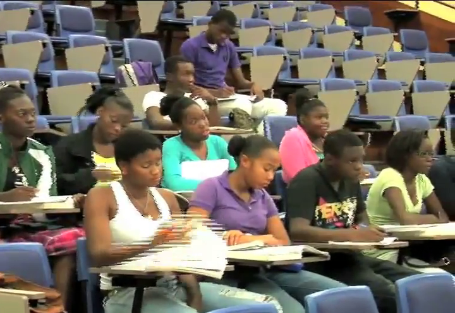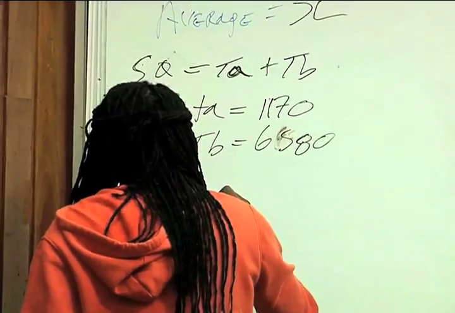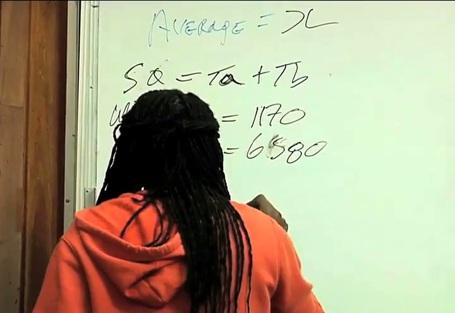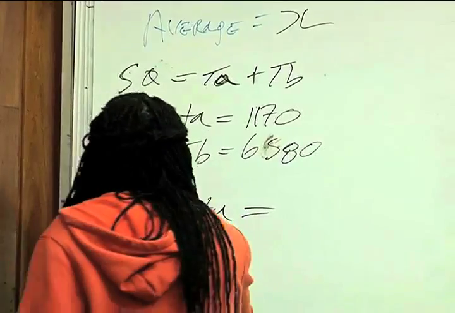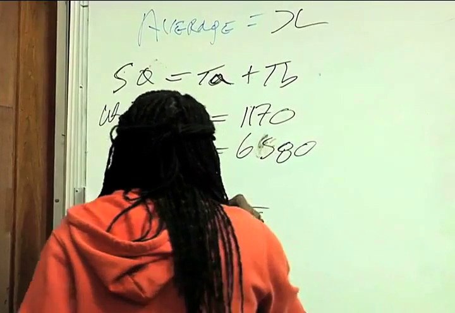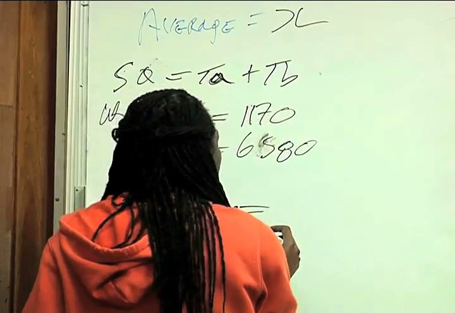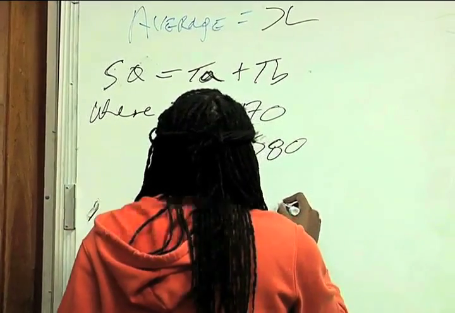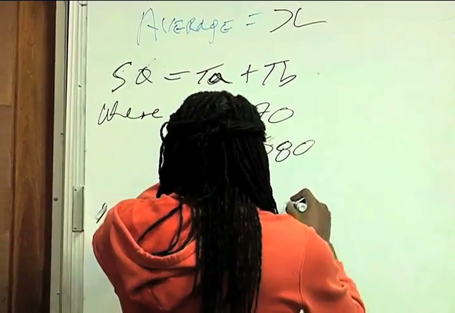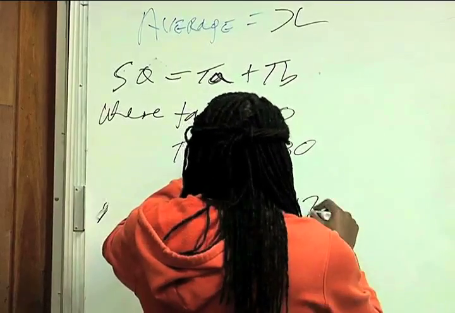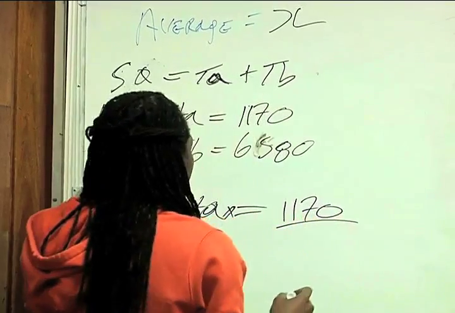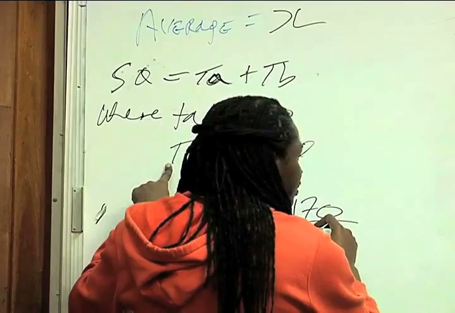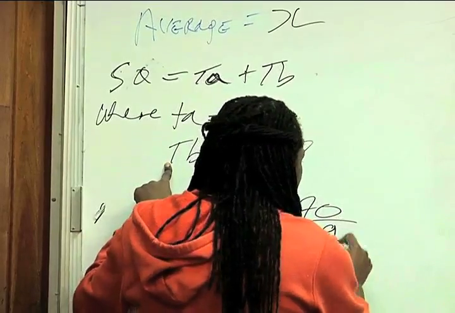So NQ for TA equals SQ, what's SQ for TA? 1170. What's the average for TA? 39.